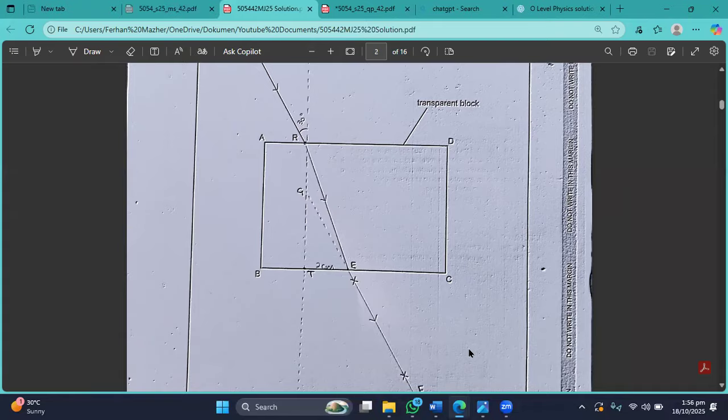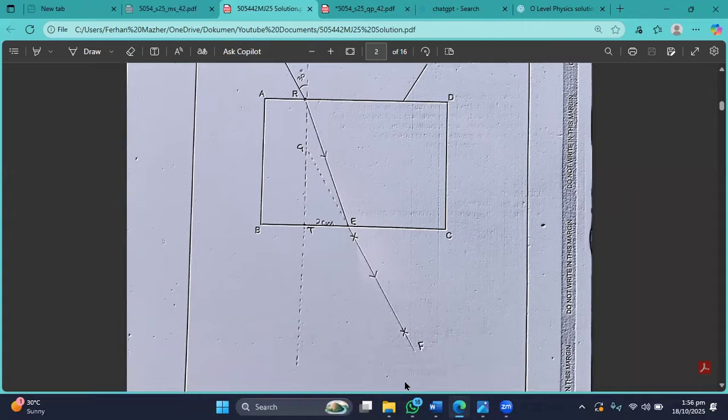He asked us to join them with a straight line. With the help of a pencil and a scale, I have joined them until I cut the BC side, and this point has been labeled as E.